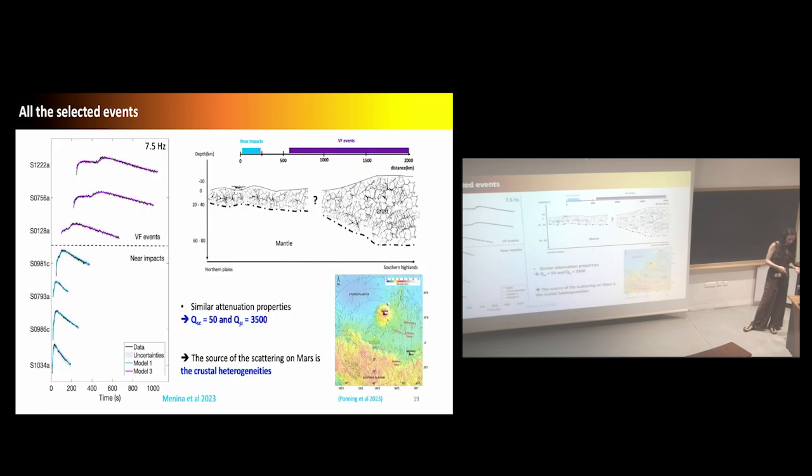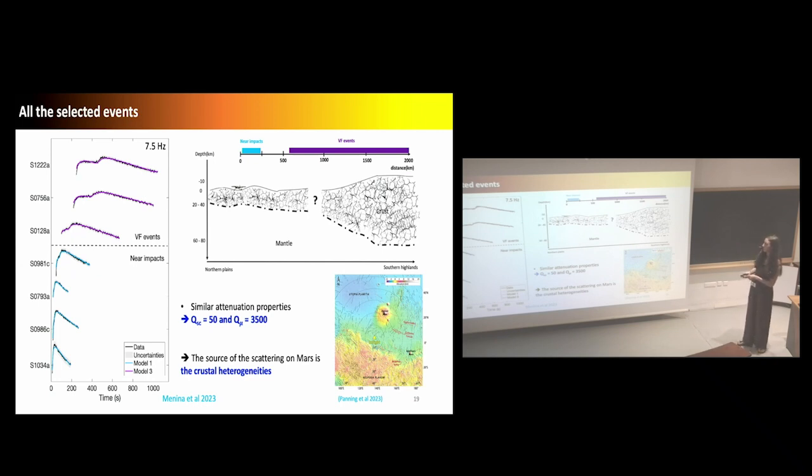So what we did after is that we applied this similar model to the very high frequency events that you can see here, other events. And we retrieved pretty well the shape of all the events. So you have the very high frequency event here and the near impact just here, with similar attenuation properties.